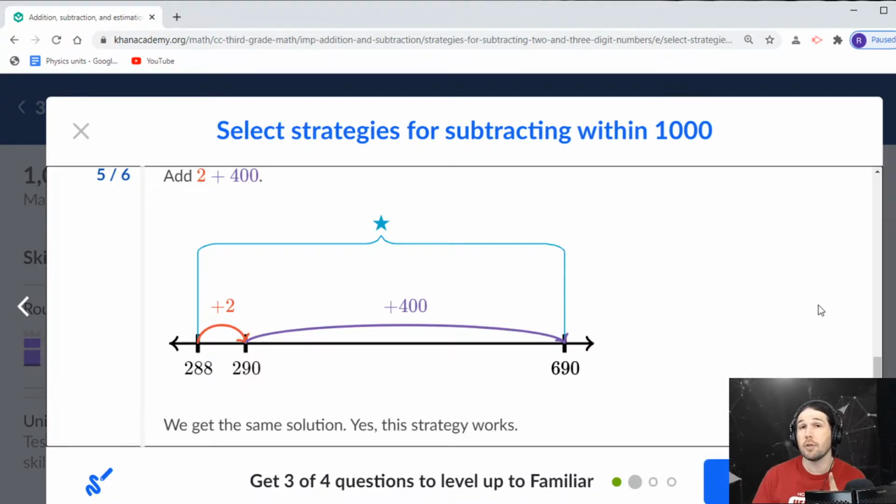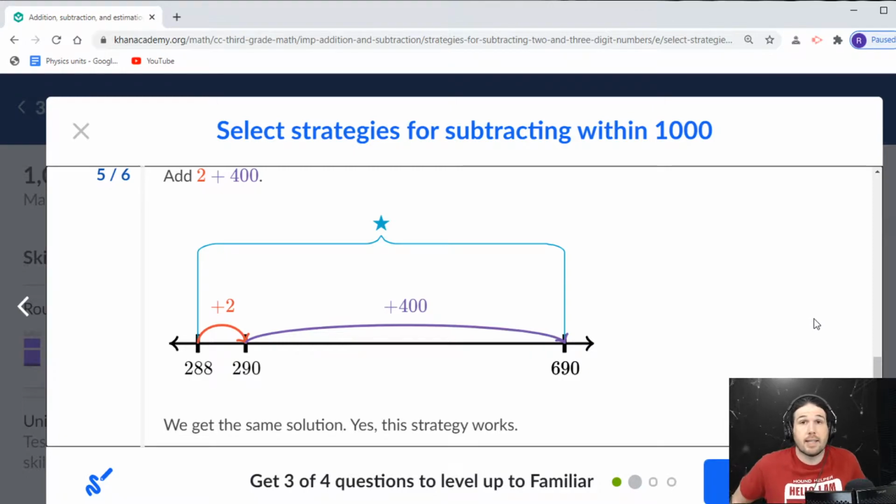And if you did see it, please post in the comments either here on Twitch or on YouTube, because I'm very interested to know what thought process got us from 690 minus 288 to 400 plus 2. Because at the moment, I see that it gets us to the right answer, but I don't see the reasoning behind it.